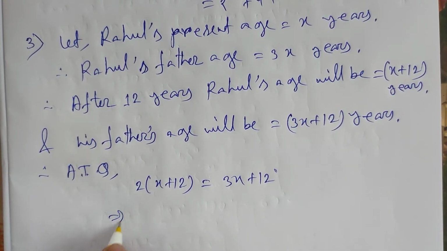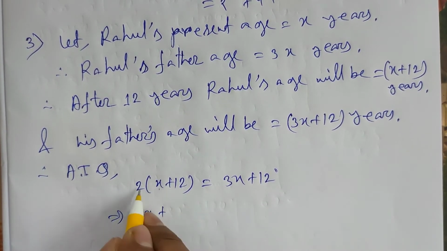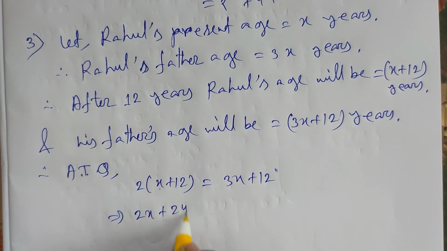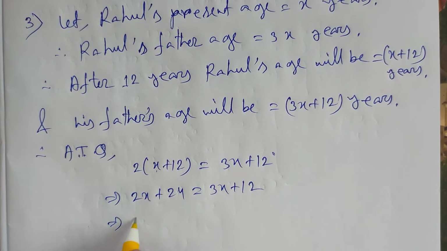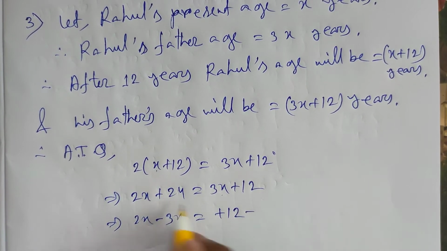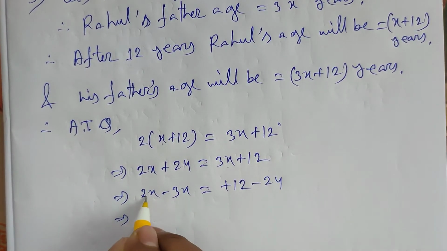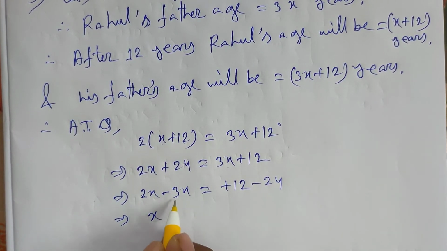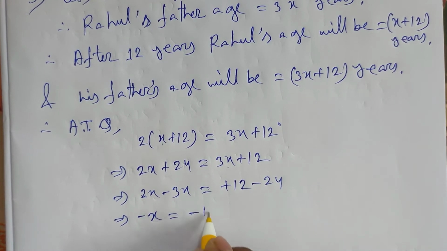Now simplify, we need to find the value of x. 2 into x, 2x plus 2 multiplied by 12, that means 24, equals 3x plus 12. So 2x minus 3x equals plus 12 minus 24. Subtracting gives minus x equals minus 12.